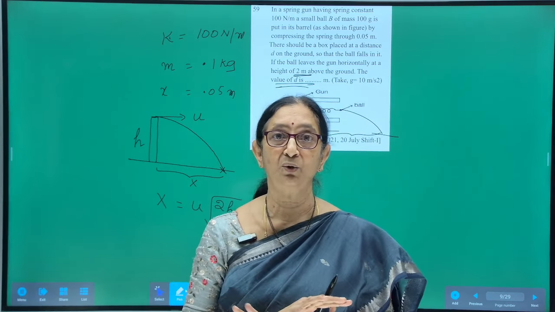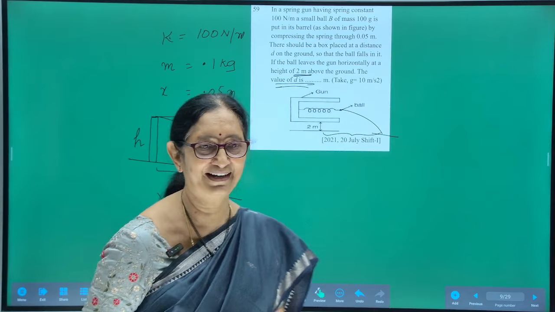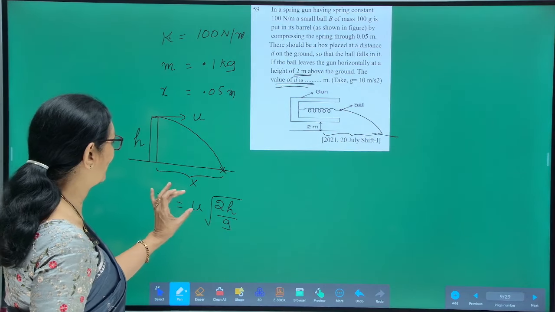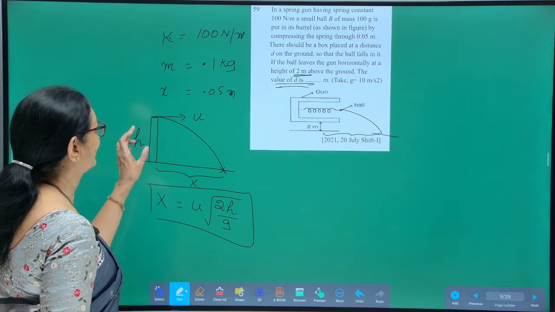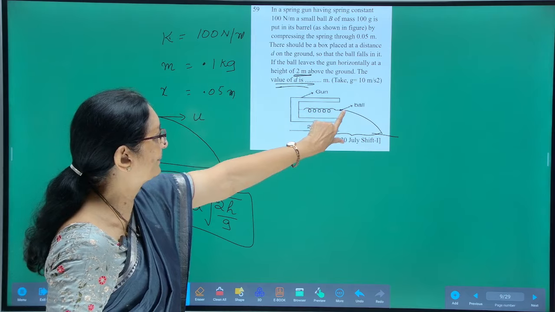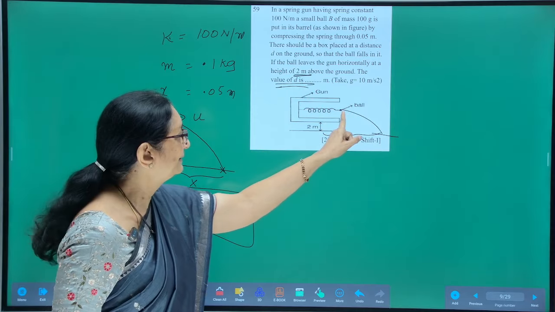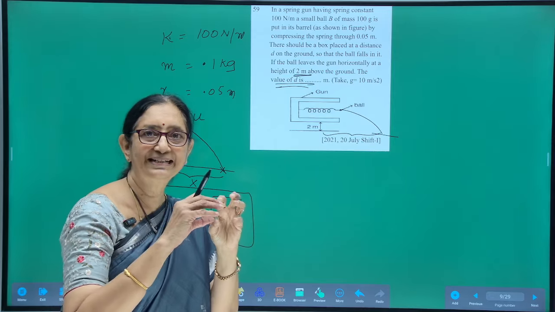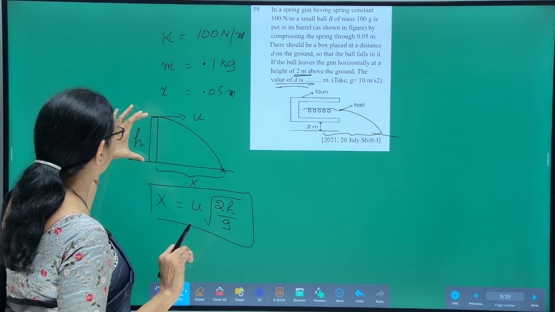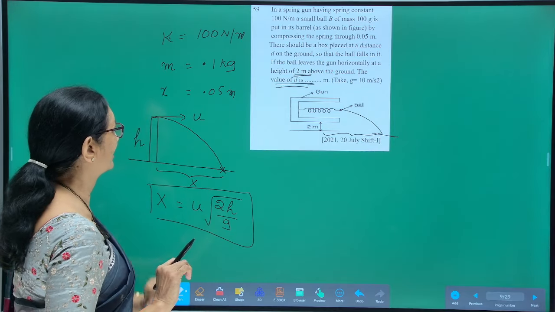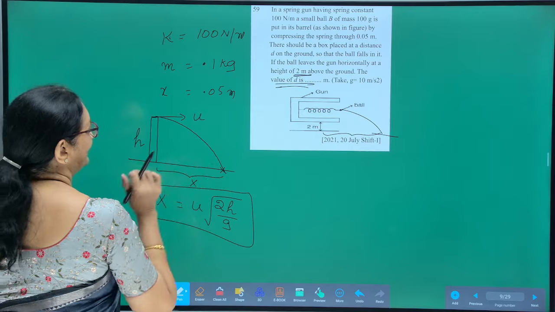So, we are quite familiar with it. Now, x is equal to u times square root of 2h by g. In this case, on pressing and releasing, the ball is ejected out of the gun with a velocity u from a height of 2 meters. At what horizontal distance d does it strike?